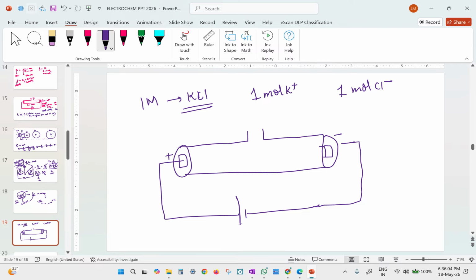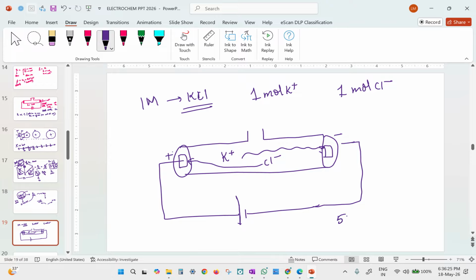This is the positive electrode, that is the negative. As you see, nothing will happen to K plus in the presence of water. But for the sake of this discussion, I'm saying that K plus will go and get reduced, and the Cl minus will go to the positive electrode and get oxidized.